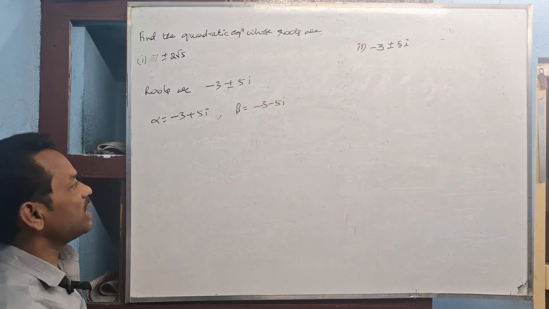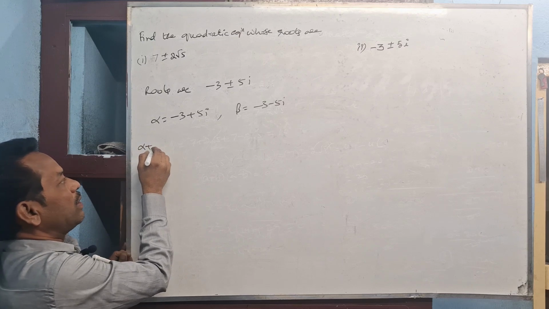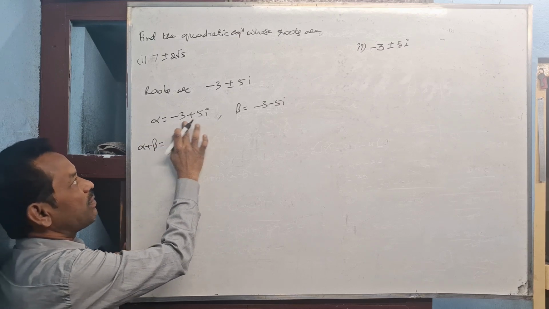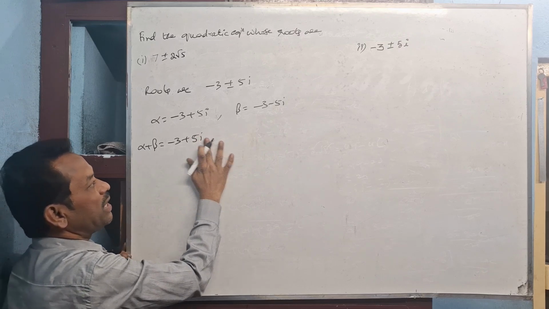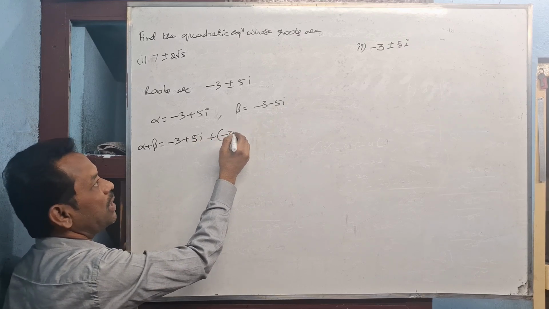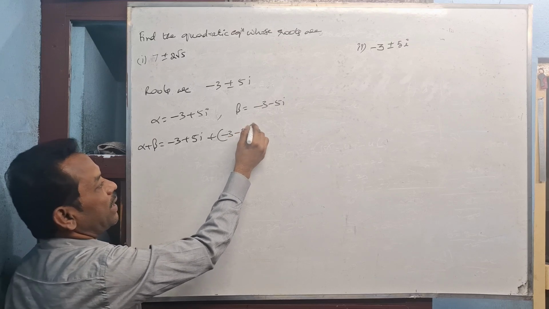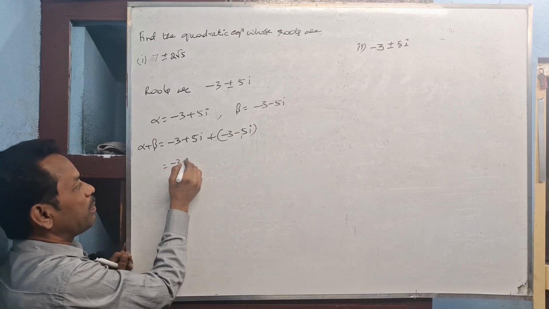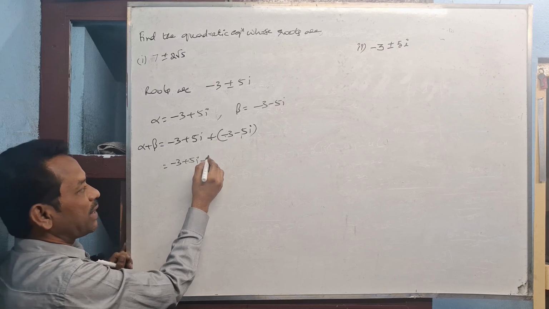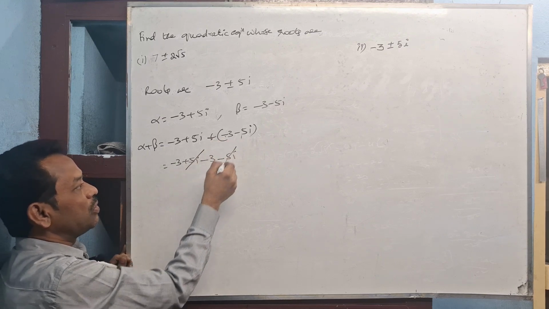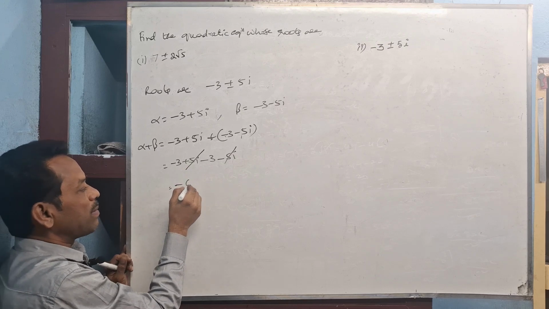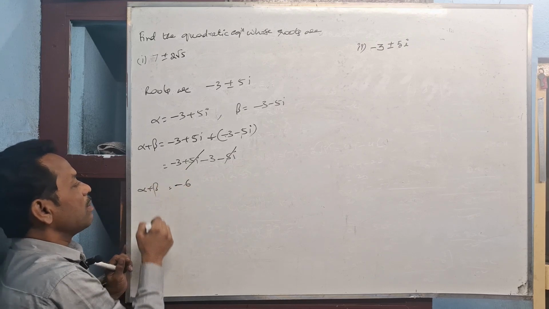Now first let us find alpha plus beta. Alpha plus beta equals minus 3 plus 5i plus minus 3 minus 5i. Now we can cancel these two, and here we have minus 3 minus 3, which is minus 6. The alpha plus beta value is minus 6.